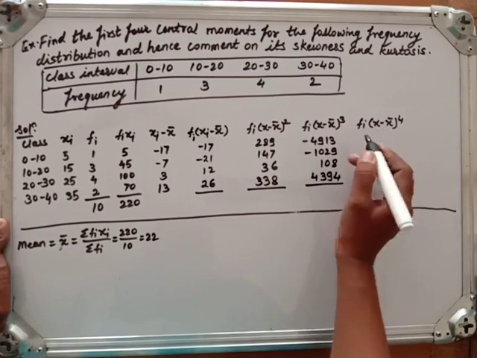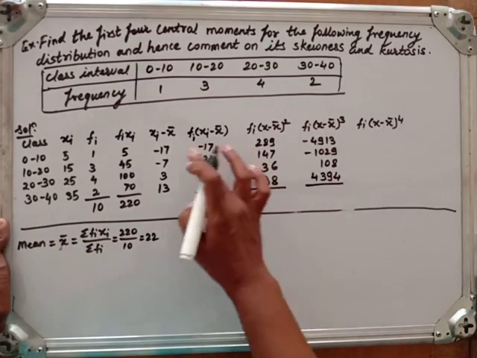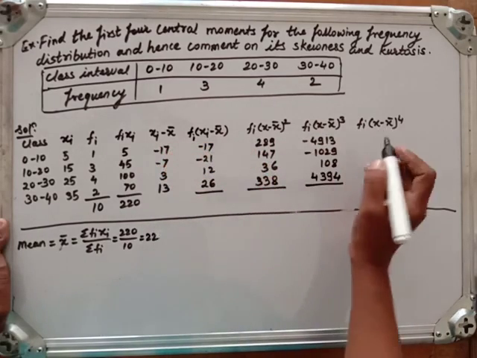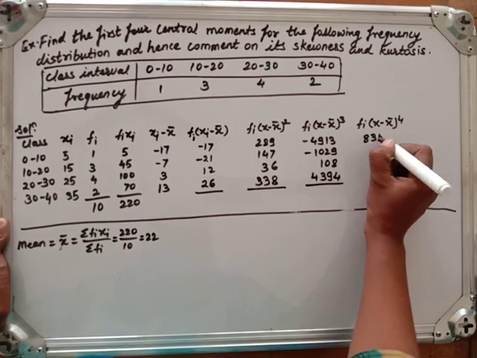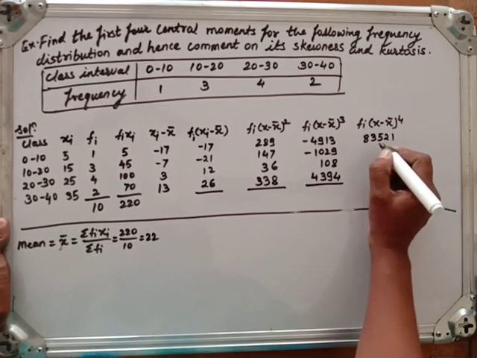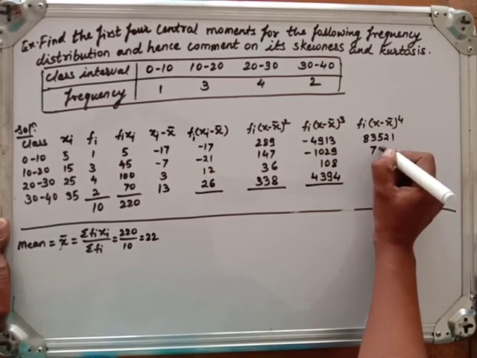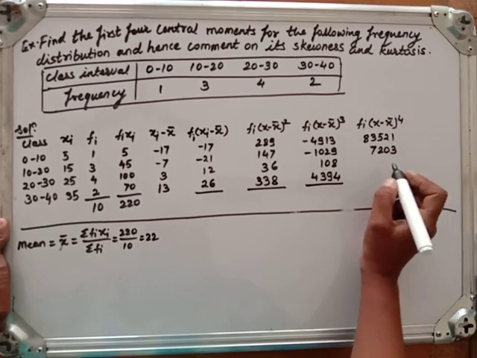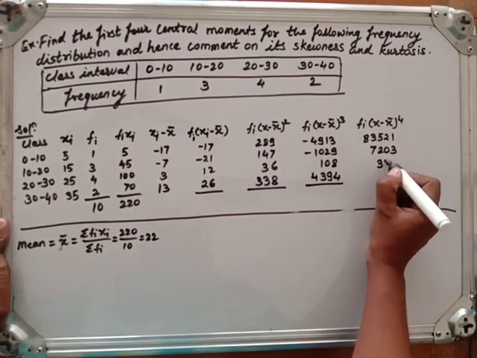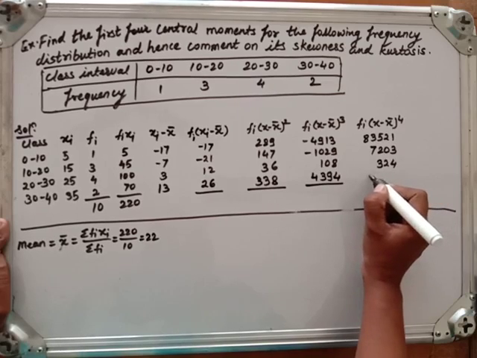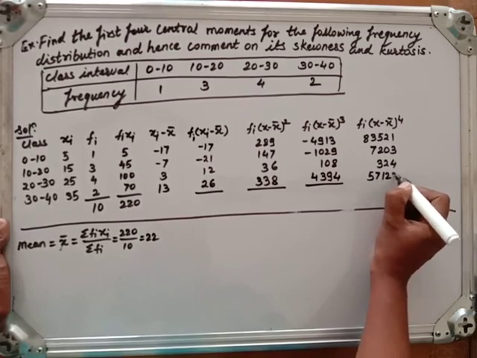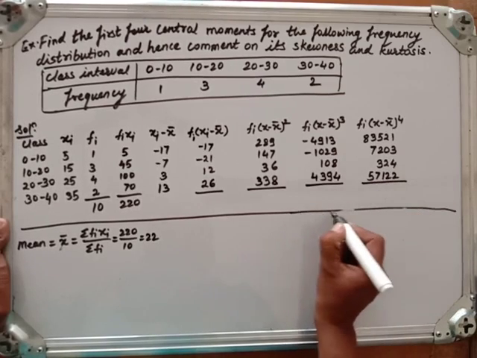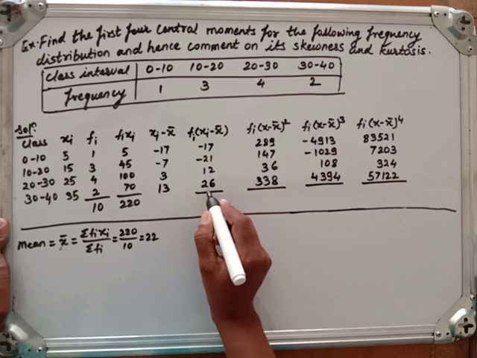Now here again power 4, so this into each xi minus x bar. So here 83,521. Next one 7,203. Then 324 and 57,122.